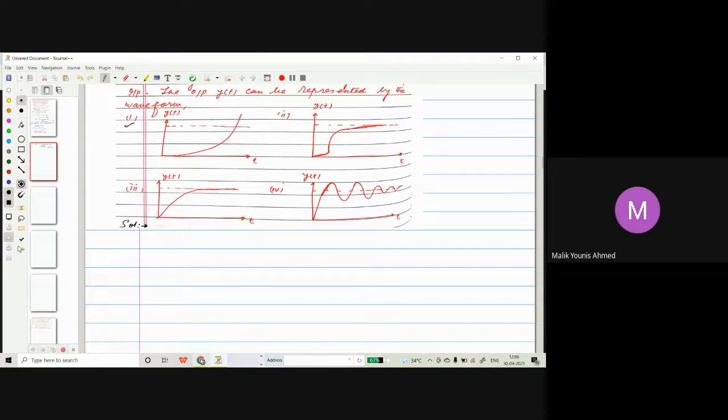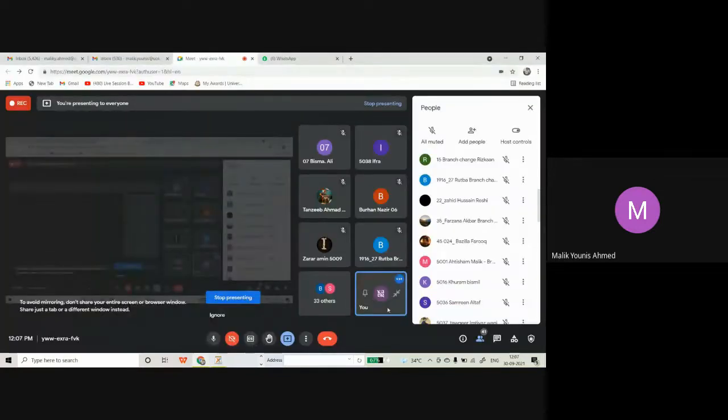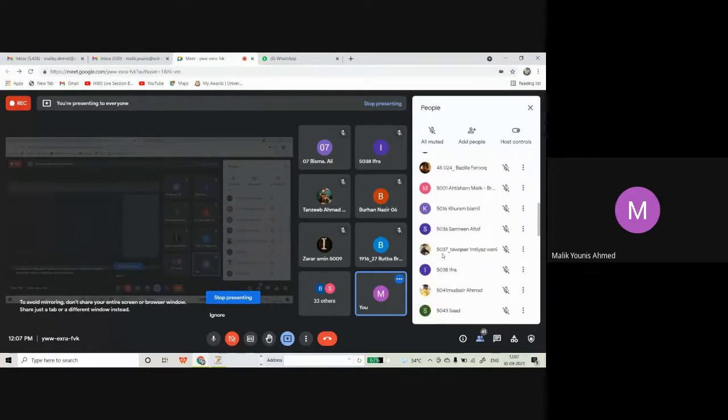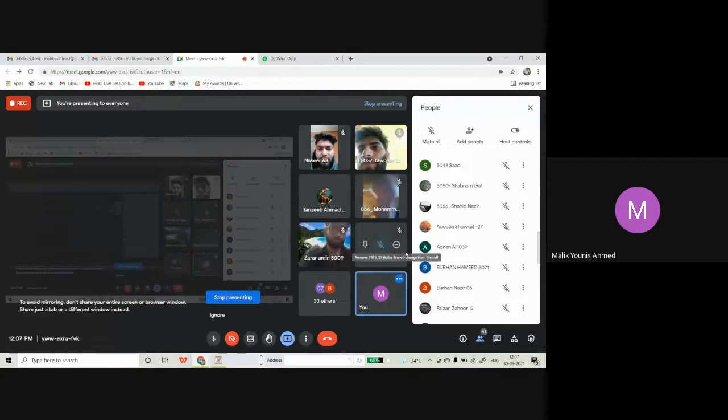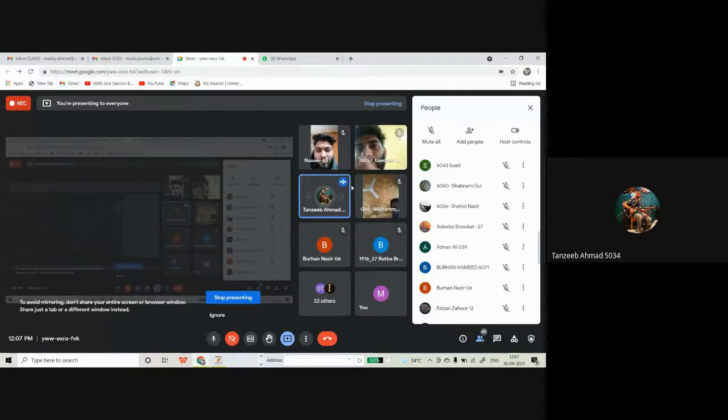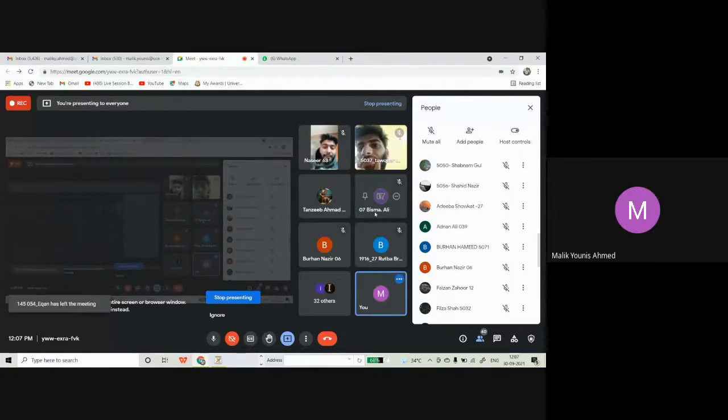Everybody is requested to switch on your cameras. Switch on all the cameras now. Tanzeeb, roll number 63. Where did the other 2-3 go, why didn't they come back? Roll number 54, why has he also left?